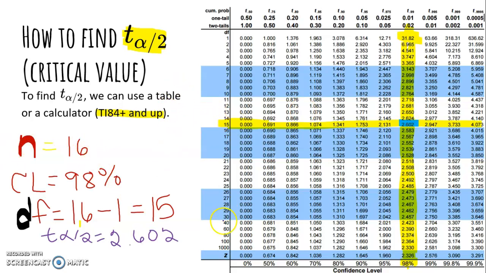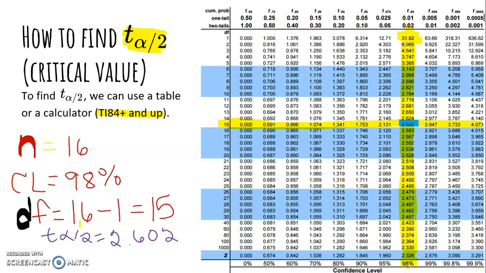Now notice really quick, the degree of freedom goes from 1 to 30. Once you go past 30, it skips to 40. It skips 10 to 40, then it skips 20 to 60, then it skips 20 more to 80, 20 more to 100, then it skips to 1,000. So here's the deal. If you have a degree of freedom that's higher than 30, then what you're going to do is you are going to go to the next lowest one.